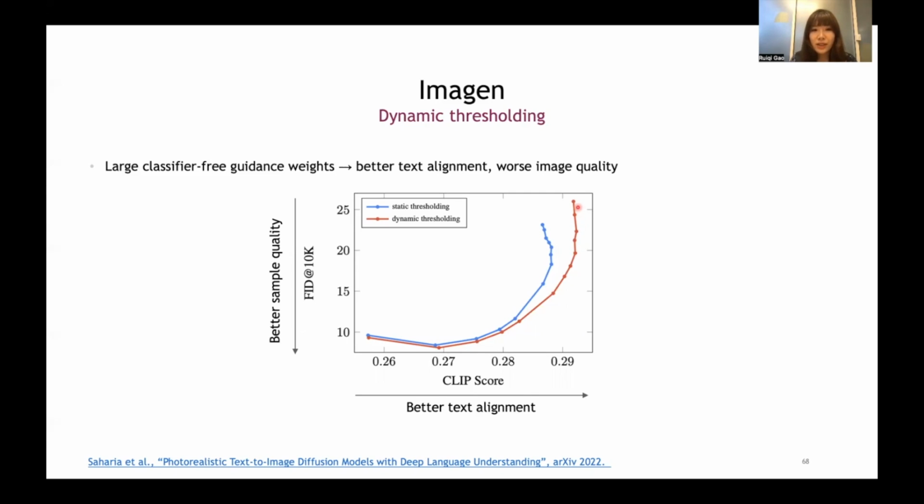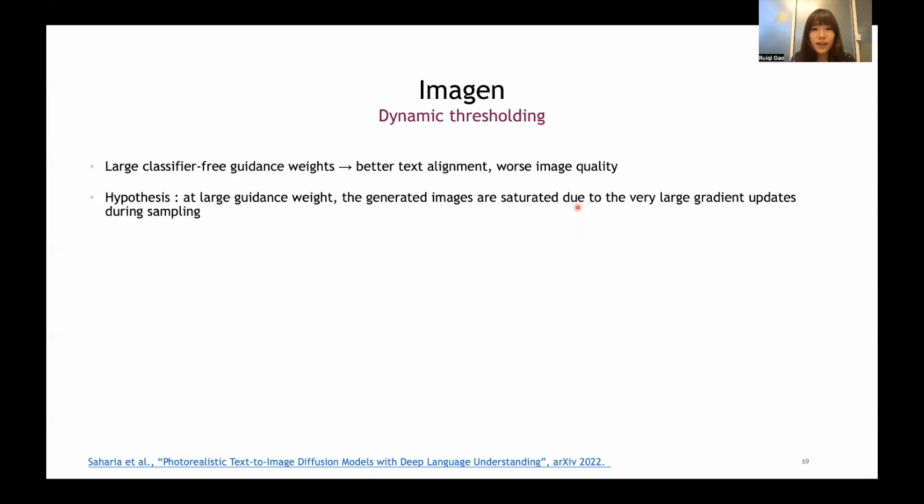To alleviate this issue, because we really want both good sample quality as well as good text alignment, right? The hypothesis this paper made is that the reason why the sample quality decreases at large guidance weights is that large guidance weights usually correspond to very large sample gradients in inference.